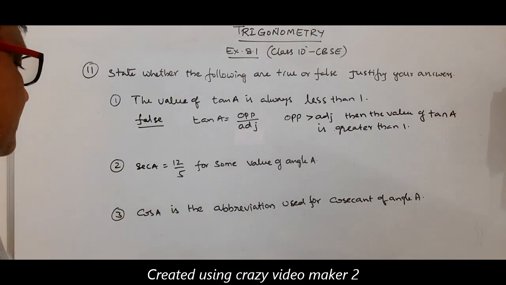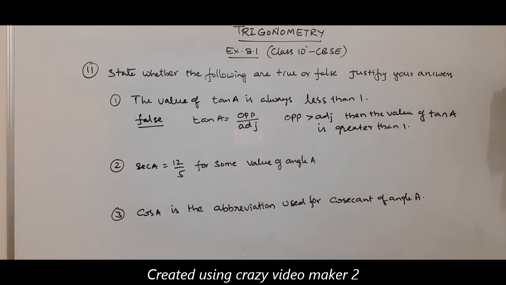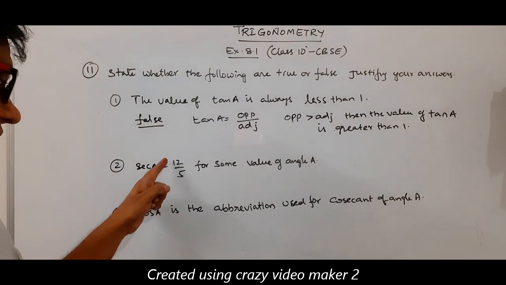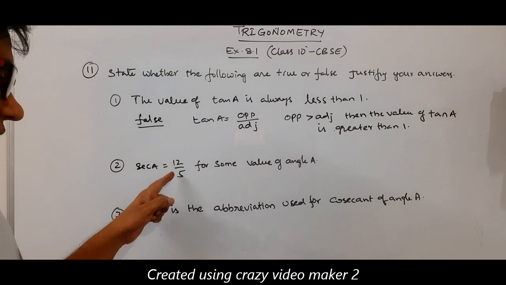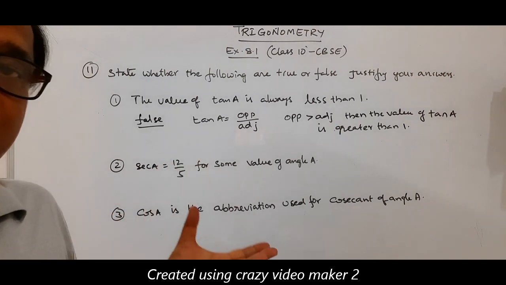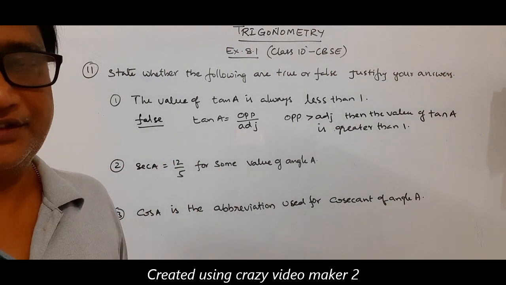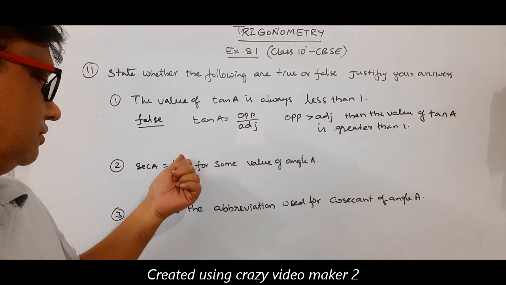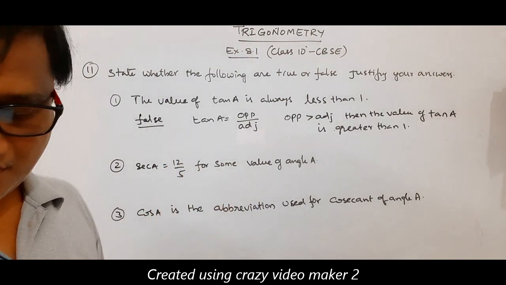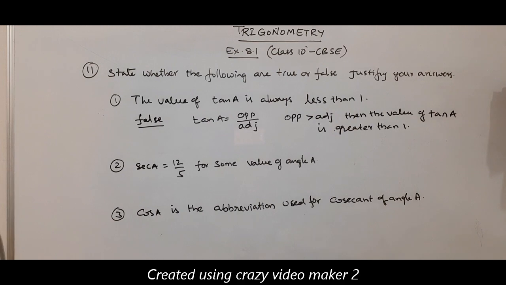Second question is secant A equals 12 by 5 for some angle A. We can take this as hypotenuse by adjacent. The hypotenuse is always greater than the other two sides.